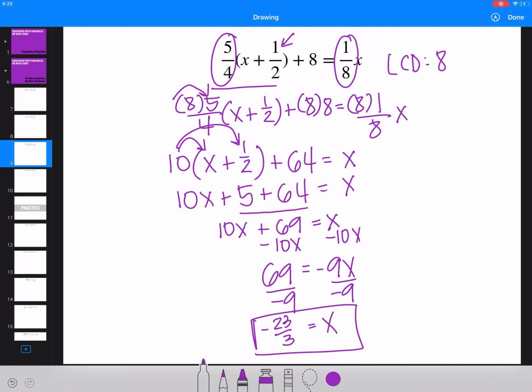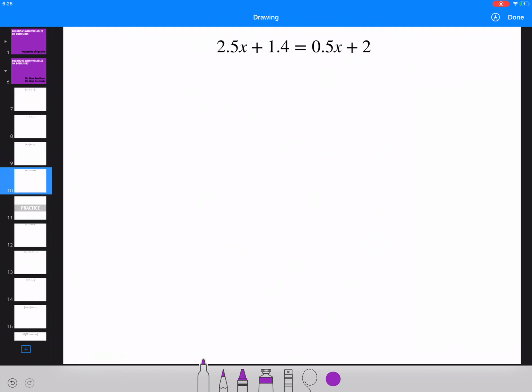Now we have some decimals. The way we can get rid of decimals is we're going to multiply each term by a factor of 10 until the decimals are gone. Because each of these decimals has one decimal place, I'm going to multiply each term by 10.